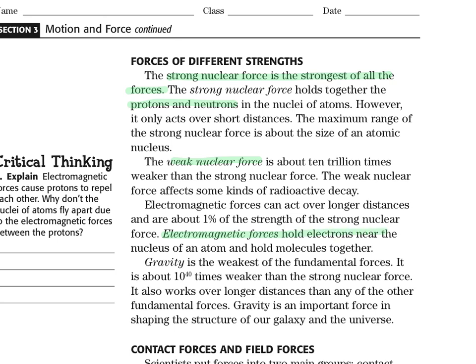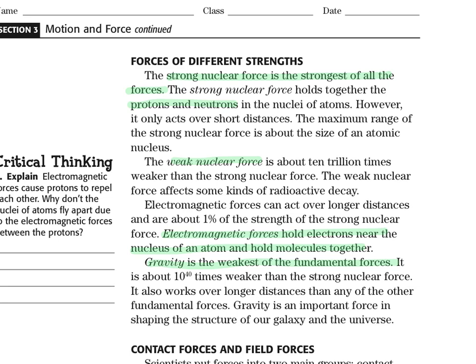Electromagnetic forces hold electrons near the nucleus, and that's why we relate it to magnetism and things like that. It is about 1% the strength of the strong nuclear force, so it's the third strongest. And then, if you can even fathom, gravity is the weakest of the fundamental forces.